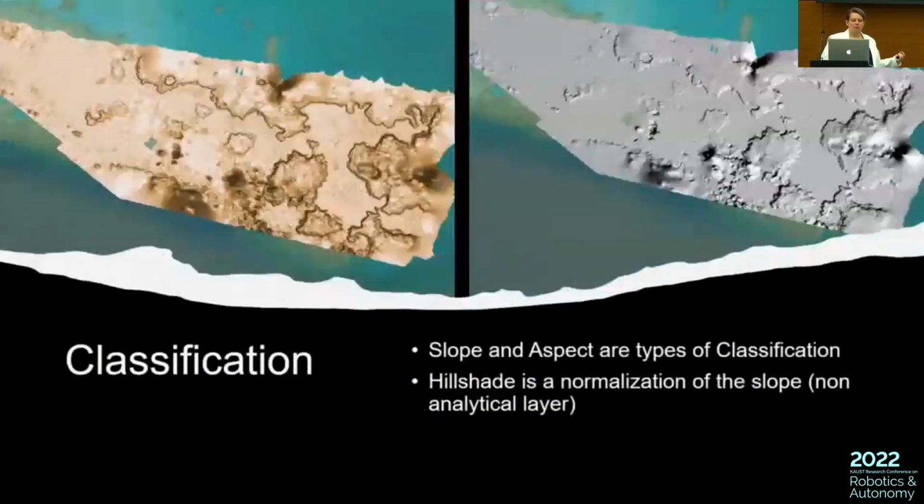So here are some things that we're able to do. We're able to classify this using the DEM, which is the digital elevation model. We're able to create a hillshade, which is here on the right, in this gray area, and that gives us a visualization of that elevation, and that's done by the photogrammetry.